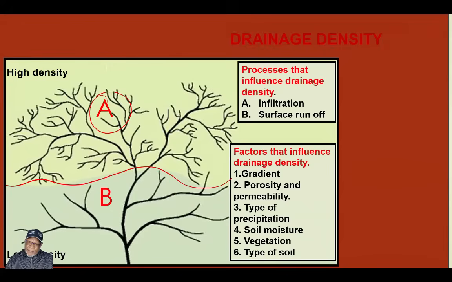Now, here are the factors that are influencing drainage density. It's gradient, porosity and permeability, type of precipitation, soil moisture, vegetation, and type of soil. Now, here is a simple question.